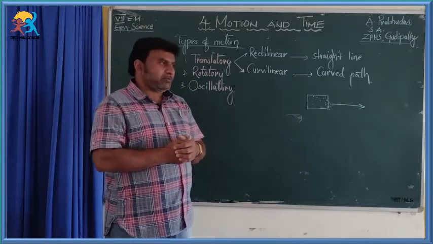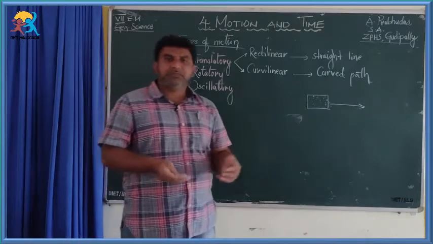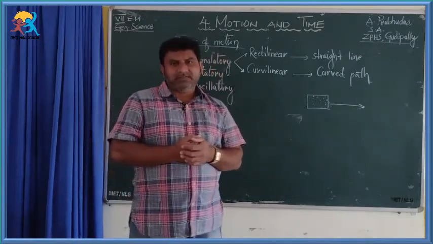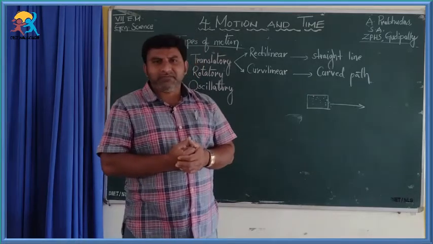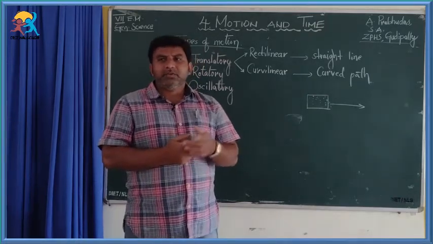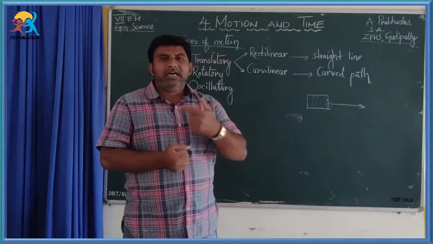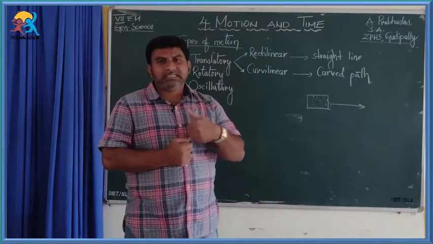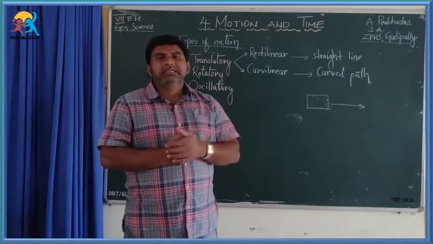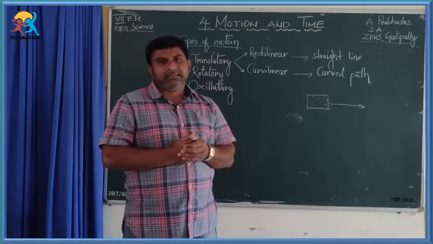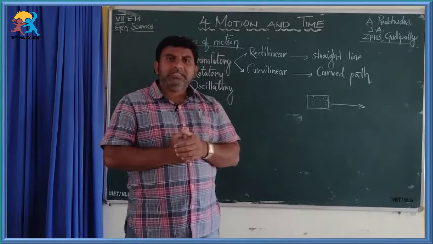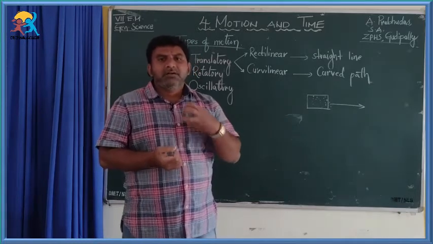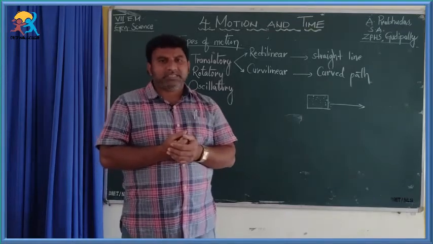What is rotatory motion? In our day to day lives we see many things showing rotatory motion. For example, if you look at a fan, it rotates around a fixed axis or around a central point, and you can give me many examples of things which show rotatory motion.